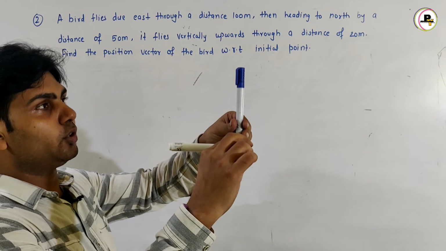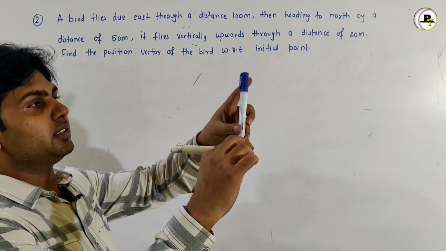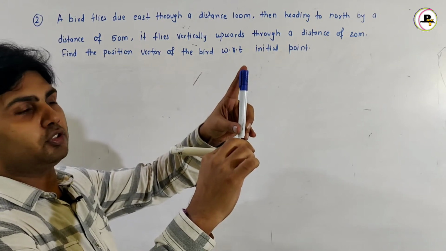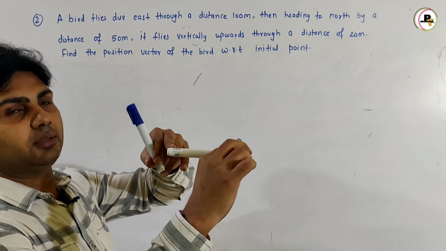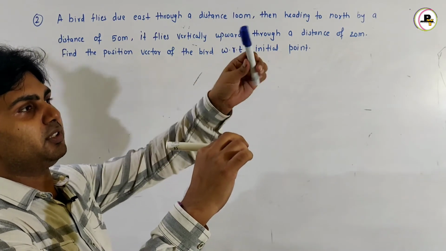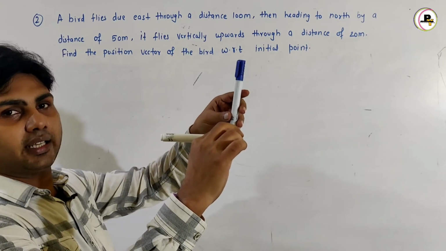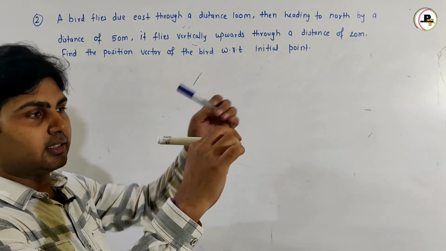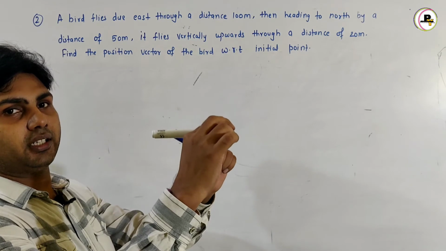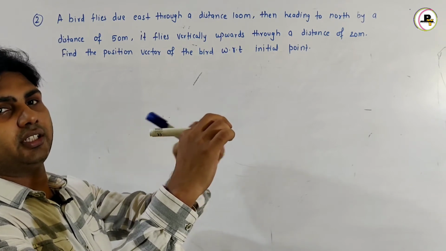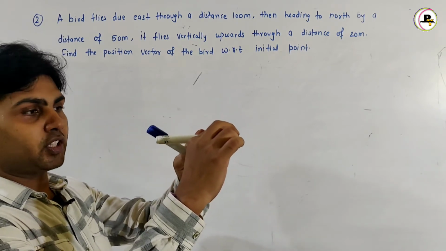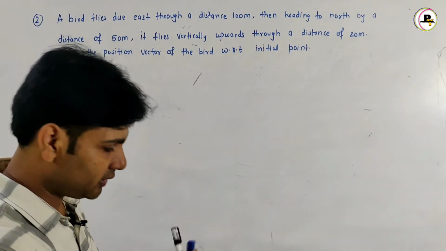So I have to find the position vector, the final position from the starting position. I have to find this displacement vector. So the vertical direction can be taken as z-axis, this direction can be taken as y-axis, and this direction can be taken as x-axis. So all the displacements are given here.